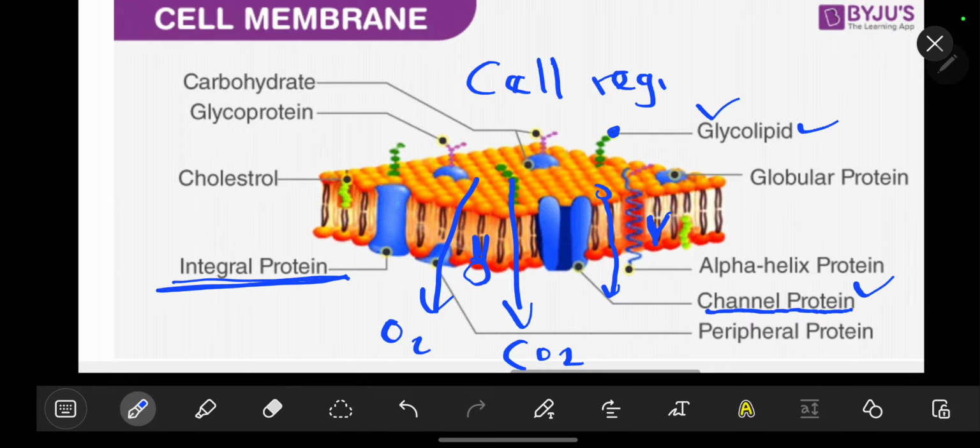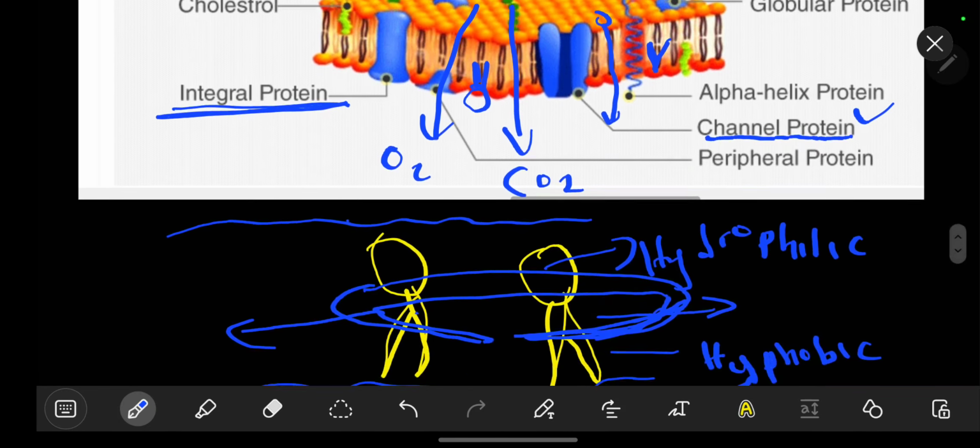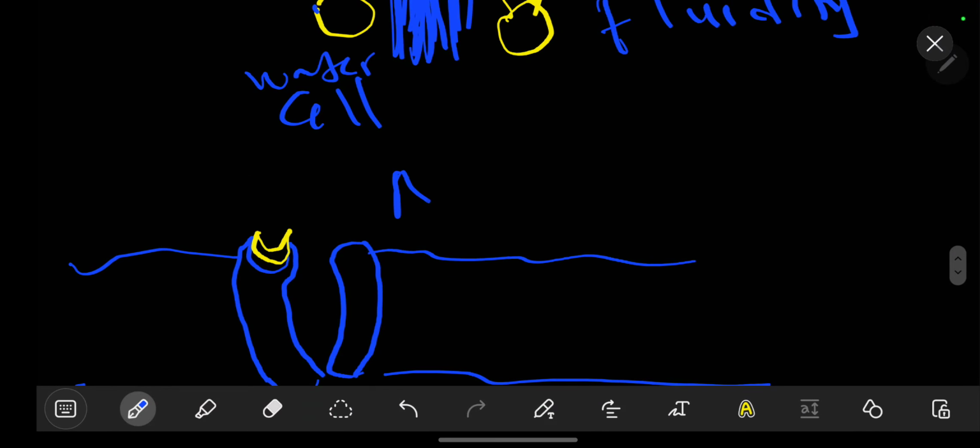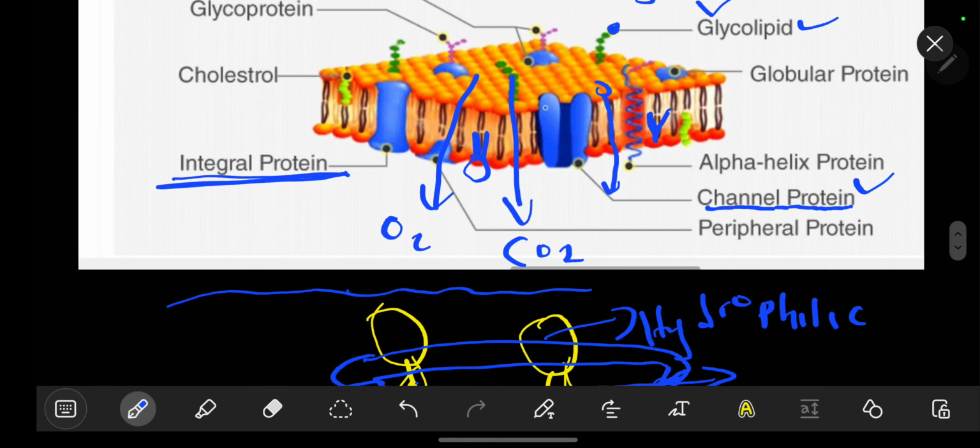The channel proteins that water uses are called aquaporins. Aquaporins are just protein channels that effectively allow water to easily pass in and out of the cell.